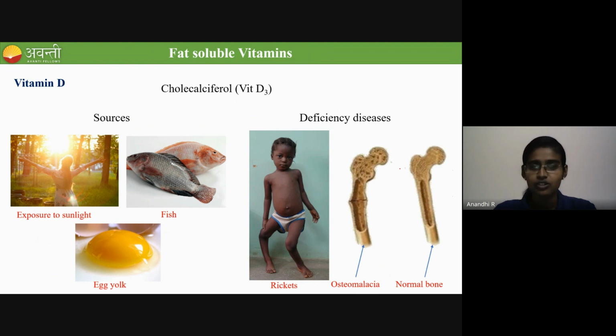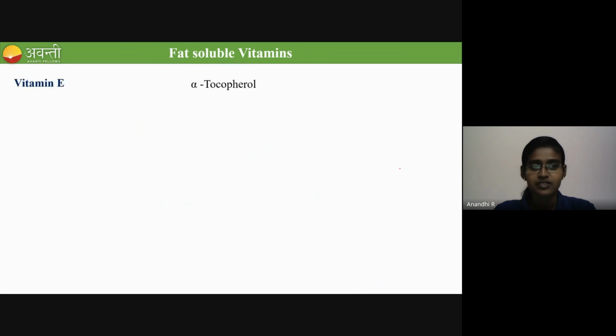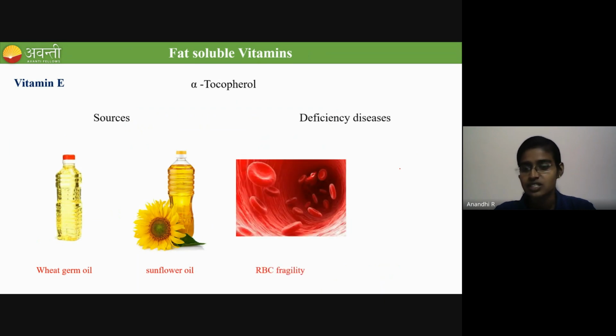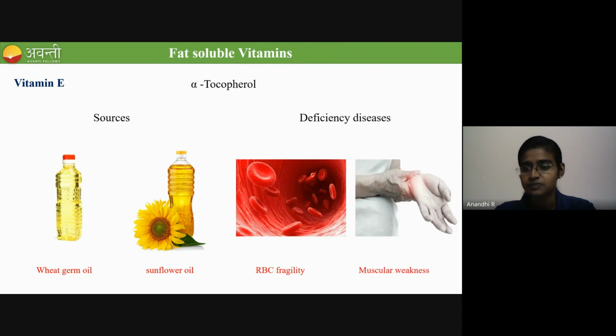Okay, I'll go for the next vitamin, which is vitamin E. The compound present in vitamin E is alpha tocopherol, and the sources of vitamin E are wheat germ oil and sunflower oil. Deficiency of vitamin E leads to red blood cell fragility and muscular weakness.